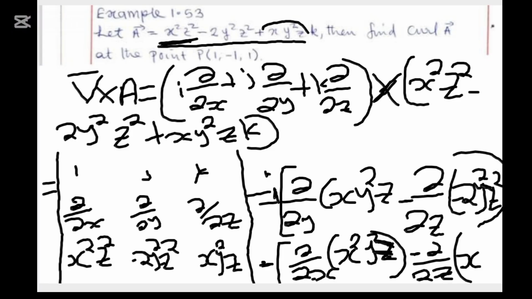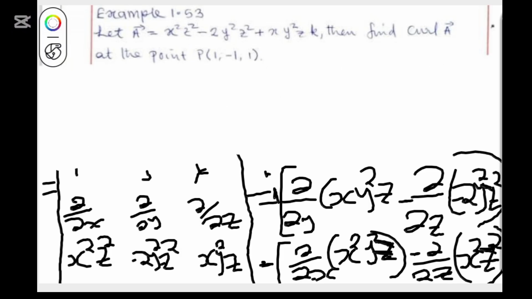So I have x squared z squared. I need to have some space. Don't forget, this is for the value of j. So we have to move forward for k.